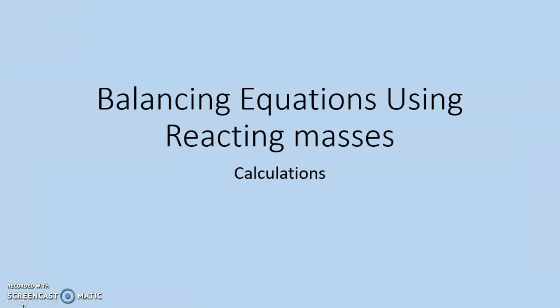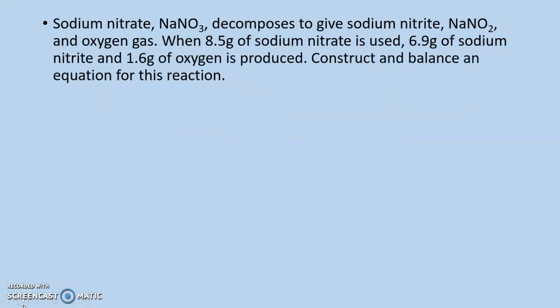In this video, we're just going to use the masses, but this time we're going to find out the balanced equation. We're not going to use our trial method whereby you say, okay, this is how I balance the equation, but this time we're going to use some data to balance the equation. The data given to you would look like this.